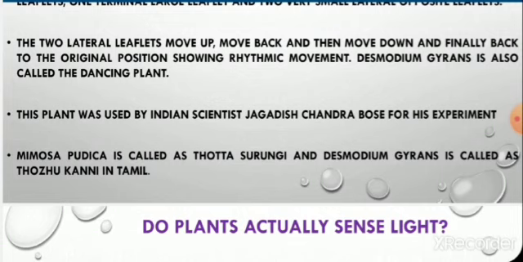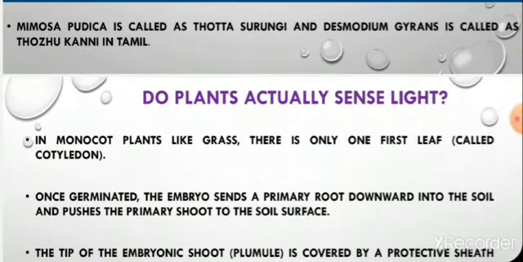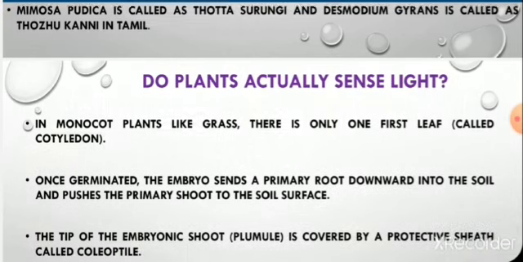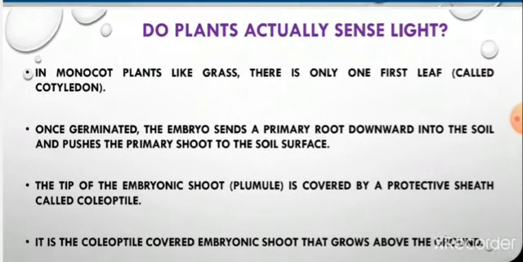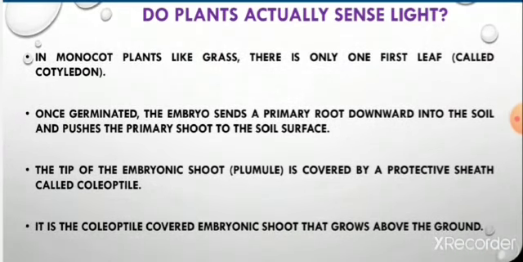So that's how the rhythmic movement takes place in Desmodium gyrans, and in Tamil we call it Tholukanni. Desmodium gyrans in the Tamil vernacular common name is Tholukanni, and Mimosa pudica is called Thottal Surungi. I stop here and we will continue.